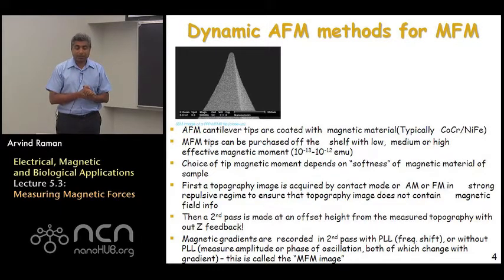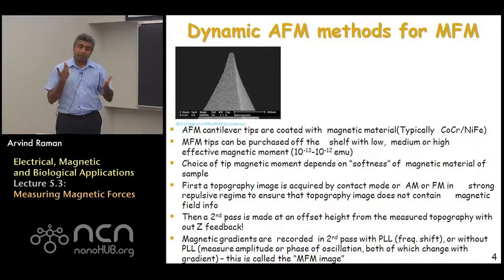So in a similar fashion, what you ideally want to use is a tip that does not perturb the magnetic domains or the magnetic moments of the sample that one is trying to image. So you want to have low coercivity, low magnetic moment tips.